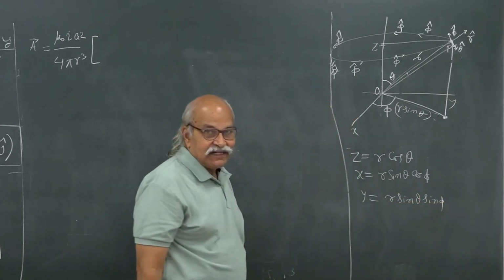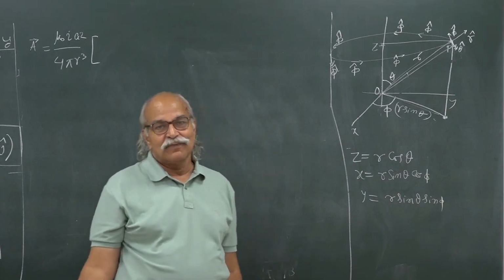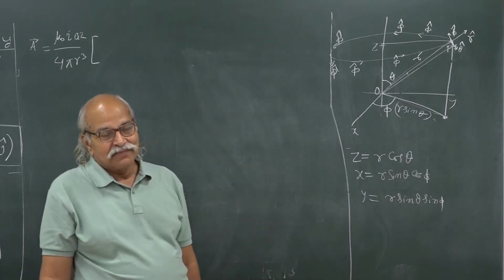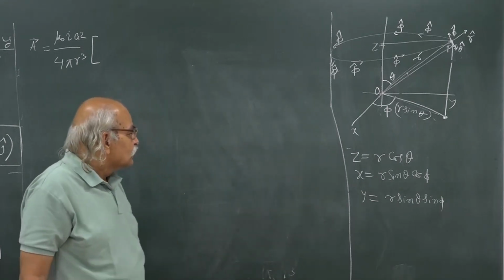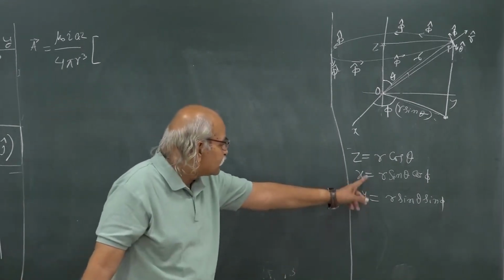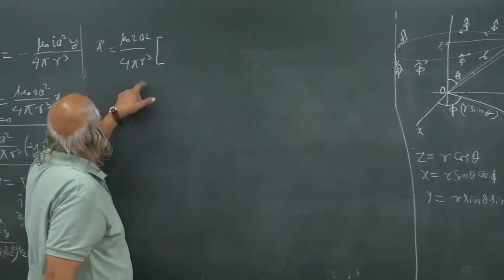We have done this in detail in our classical electromagnetism 1 chapter, but just to revise, these are the coordinates. For x and y you can use this.